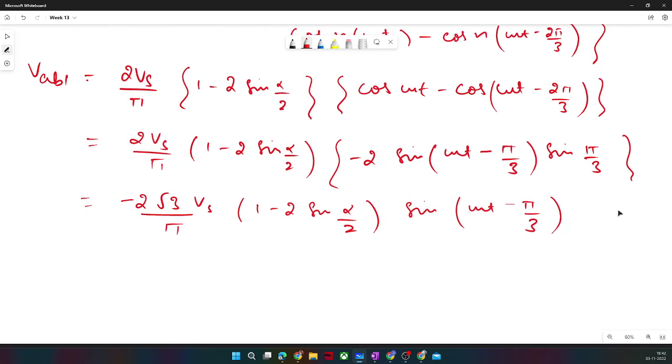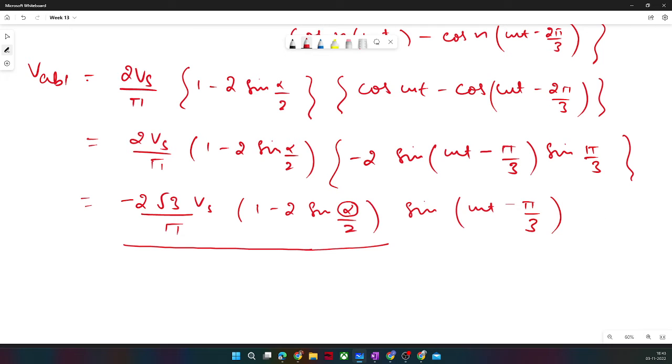So this is your whole magnitude of fundamental. Now you can see here your waveform contains this alpha. So based on this alpha, whatever the value of alpha you are giving, that much of voltage magnitude will get reduced from VAB1.